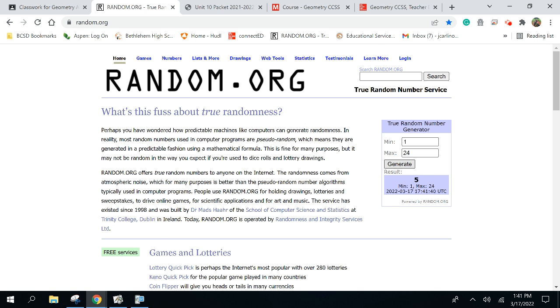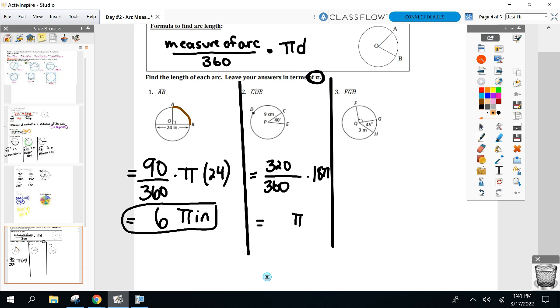What do we end up with? 320 over 360, and then multiplied by 18. Oh yeah, 16 pi. 16 pi centimeters. All right. Any issues there? Calculating the length.